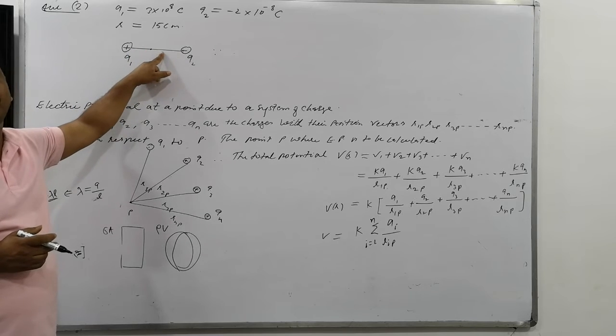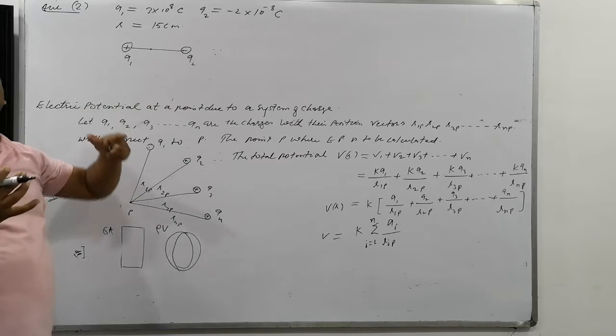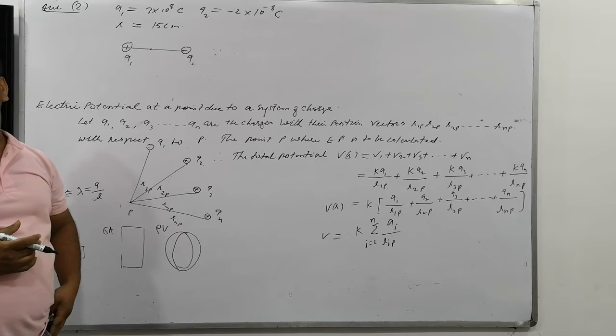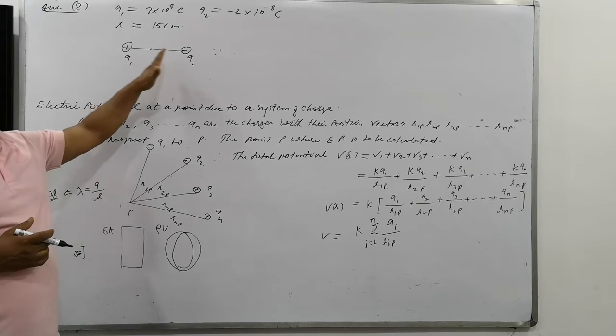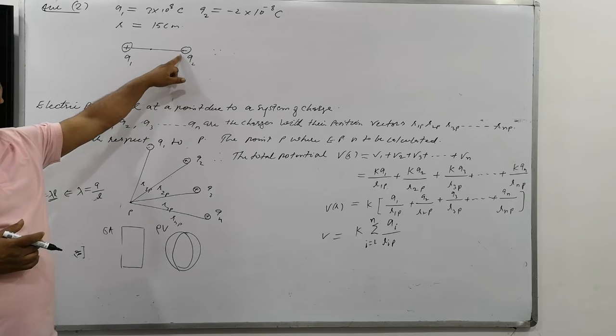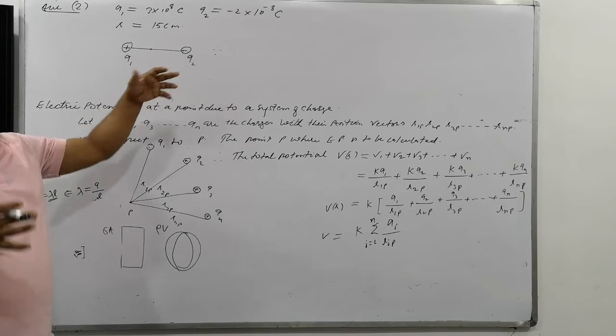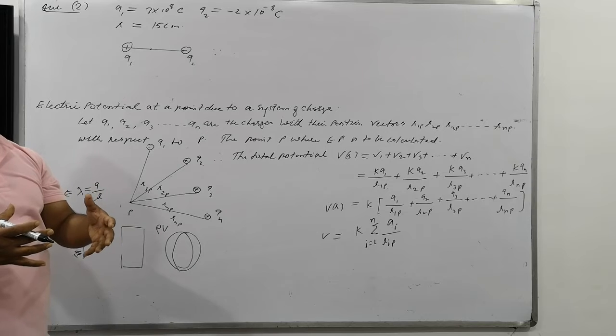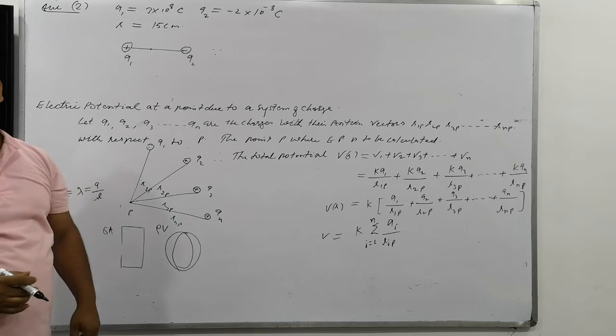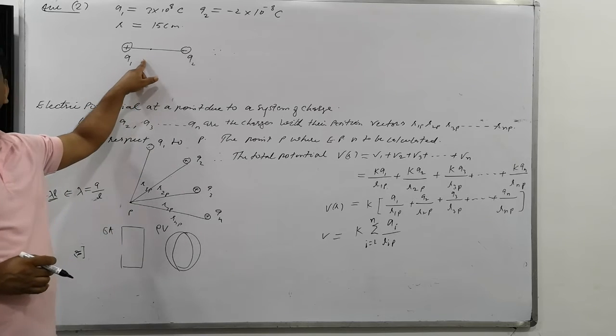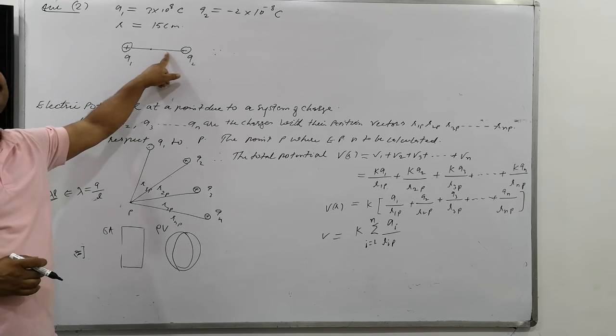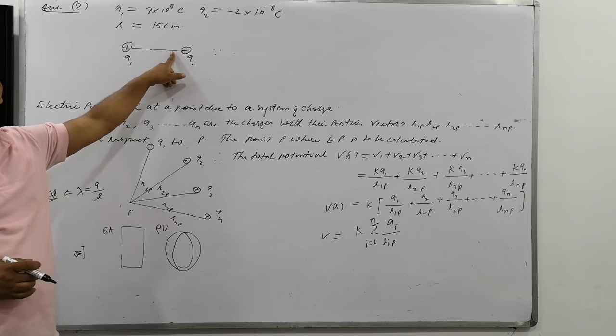There are certain points where we can calculate the total potential due to Q1 and Q2. The negativity of Q2 will reduce the potential, and it can reduce it up to zero also, right? If both the charges are positive, then potential can never be zero between them. Is that clear or not?